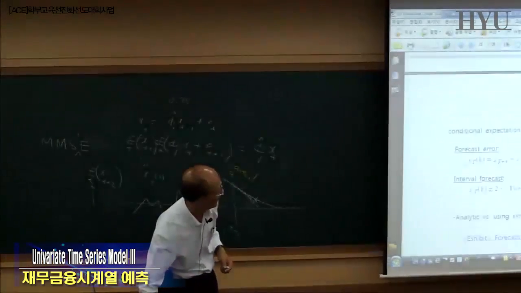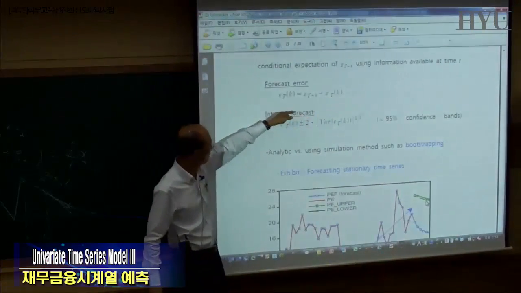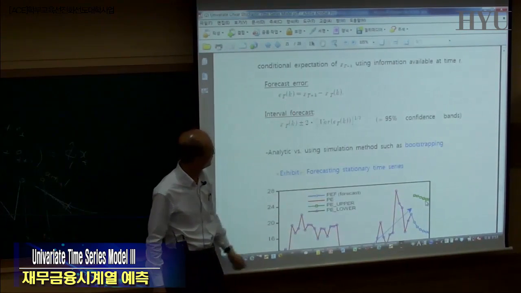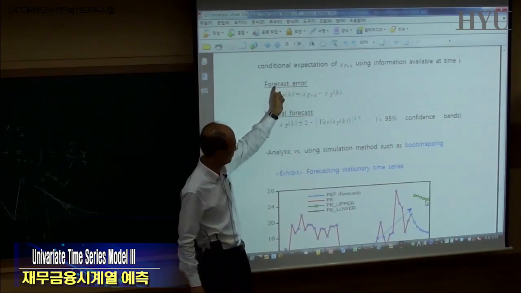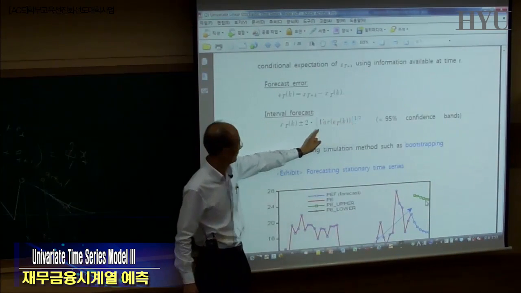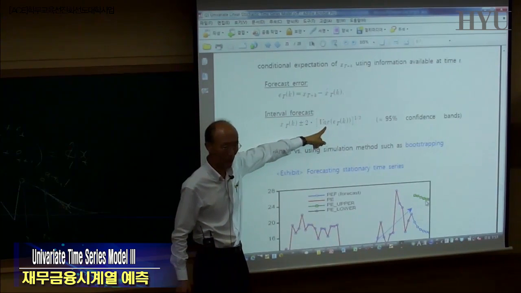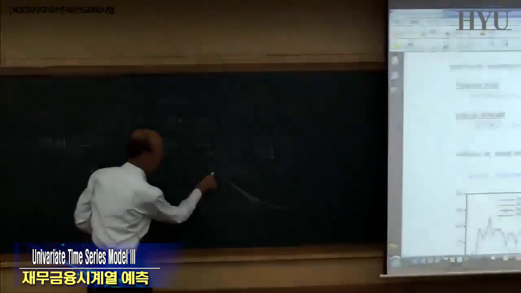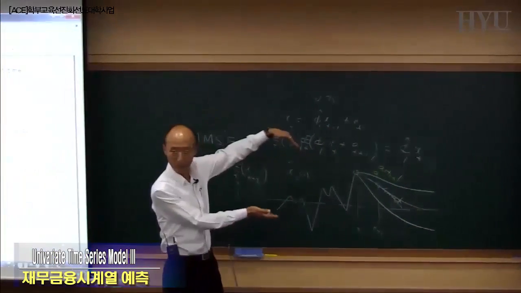And actual and forecast prediction, this is forecast error, right? K-step ahead forecast. If you can calculate the variance of this one, and take the square root of that, and add it to 2 times standard deviation of forecast error, that is going to be your 2 standard deviation forecast error band, confidence band.